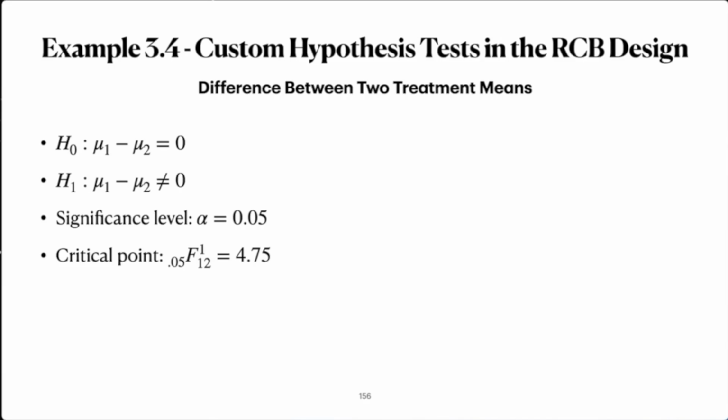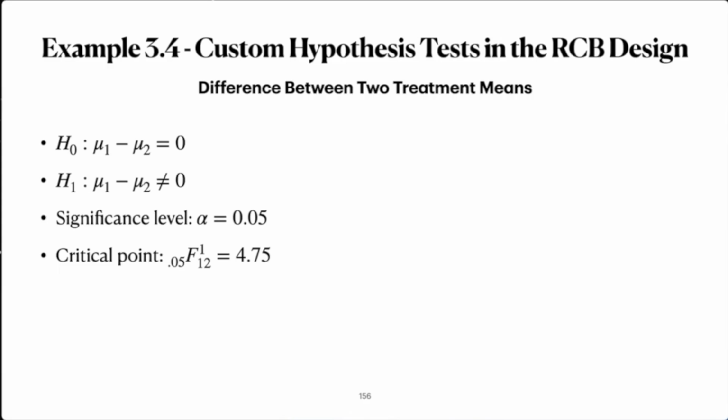The significance level, we'll use a 5% significance level. And the critical point, I'm going to use an F-test. I'll calculate an F statistic. We can do this again because this is a two-tailed test. And when doing a two-tailed test, it's really a little bit easier in terms of expressing the rejection criteria and so forth if we use an F-test.